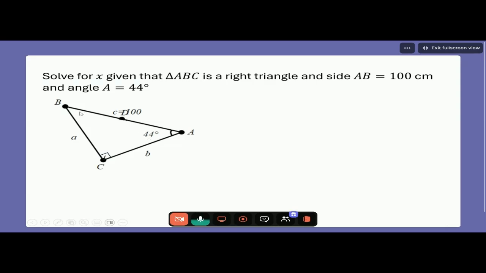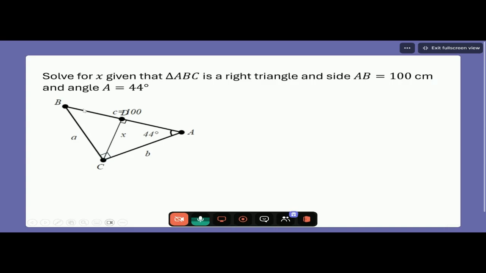We could figure out the other angle if we wanted to, but we don't need to, because remember, all the angles add to 180. So we know a side and an angle. That is enough to use SOHCAHTOA. We could find A if we wanted, or B if we wanted. We could find both if we wanted. Let's try and figure out which one's going to be more useful. If I look quickly back at the original diagram here, if I knew A, that would be the only thing I know in that left-hand triangle.